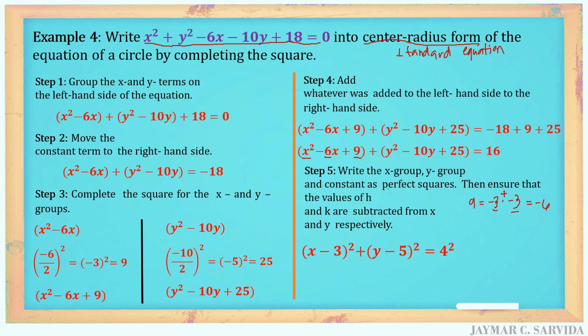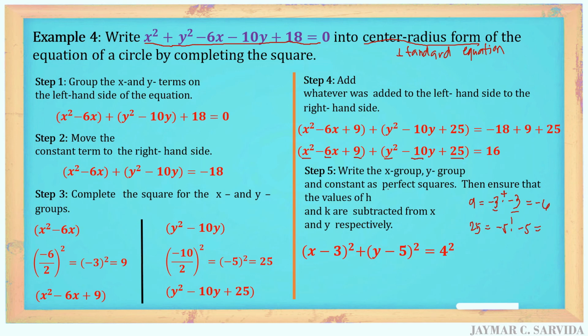Ayan. Then, dito naman sa ating y group class, focus ka lang din dito sa y sa first term at saka sa last term, yung ating constant na 25. Ano ba yung factors ni 25 na kapag inadd mo, ang sagot ay negative 10? Okay? So that is negative 5 times negative 5. Kasi negative 5 times negative 5 is positive 25.